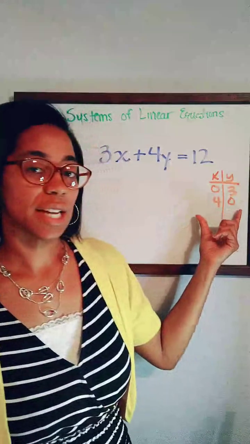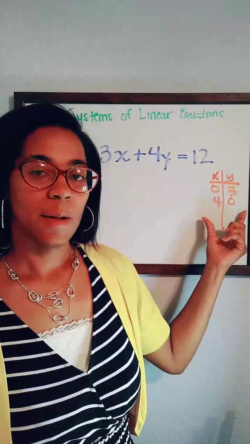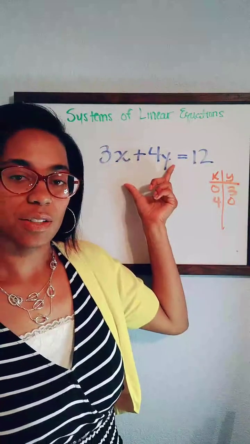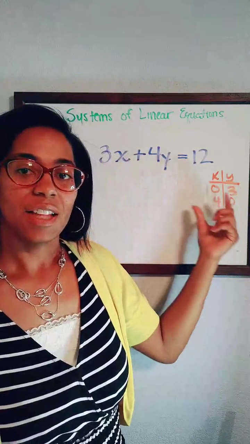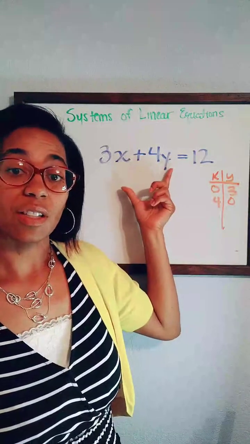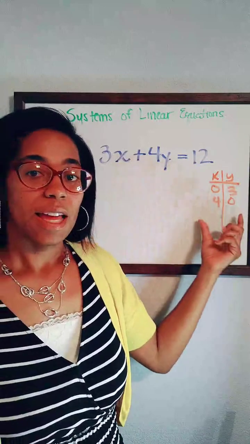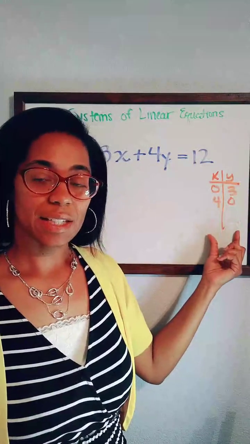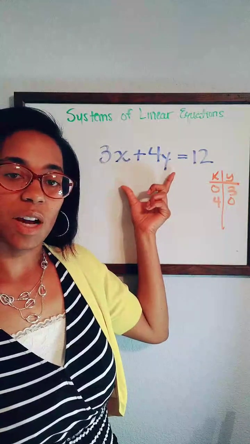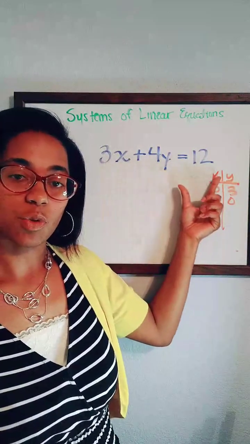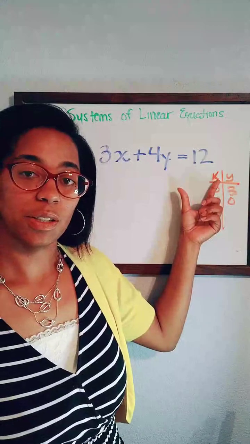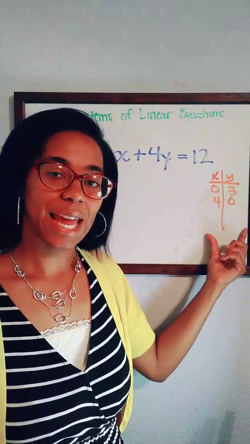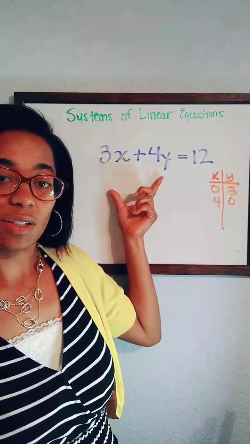So let's gain an understanding of what the points mean. The points to this equation are answers. The points to this equation are solutions. It says any point that I list here, I can substitute it into this equation and 12 will equal 12. That's what we're doing. We're trying to find those answers to this equation.